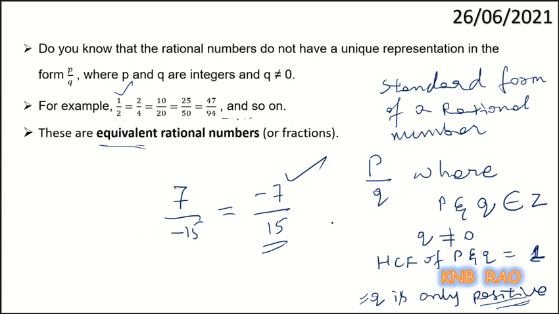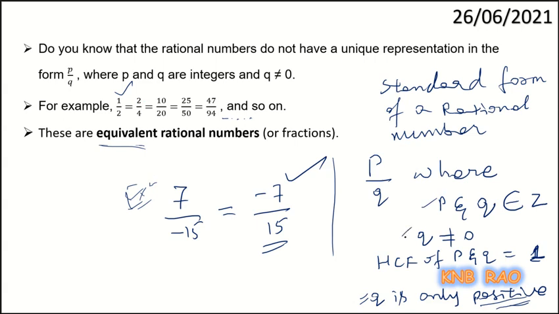Pause the screen, note down the definition of the standard form of a rational number, and an example for that. 25 by 50 is not in standard form. After bringing it to 1 by 2, only then it is in standard form. These two can be examples, and this is the definition of the standard form of a rational number.